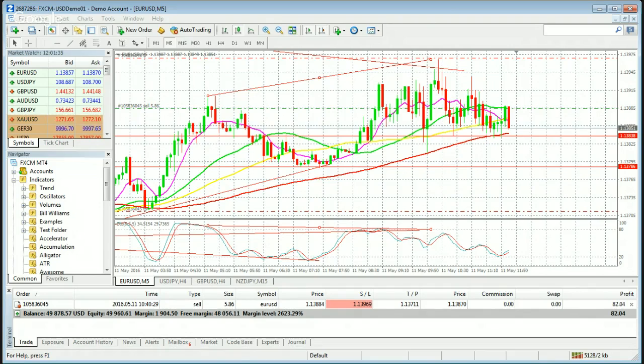Hopefully this is the one that gives that push, that second surge we're looking for to get us where we wanted to. Let's see how this does.